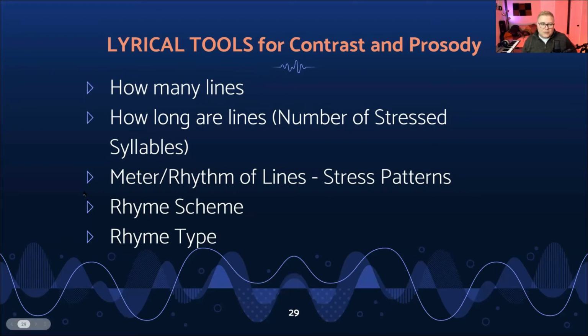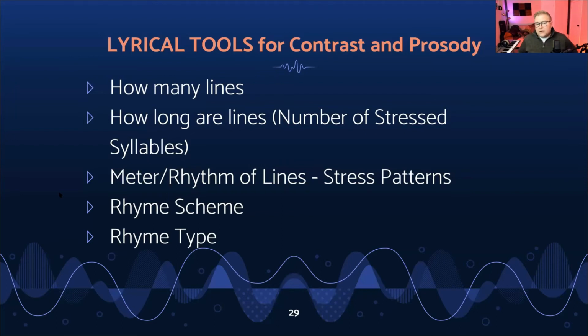Anybody can put that in the chat or speak up too. The answer is if you have an even number of things, that creates stability. If you want something that's unstable, you would have an odd number of lines.